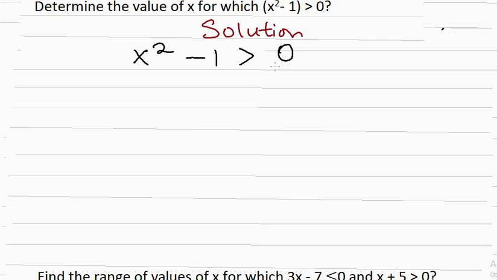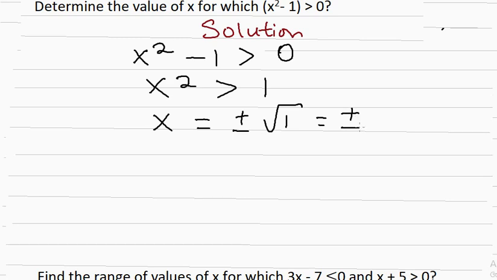We'll solve this the same way. We can write it this way: x squared is greater than 1. So x is going to be equal to plus or minus the square root of 1, which of course is plus or minus 1.